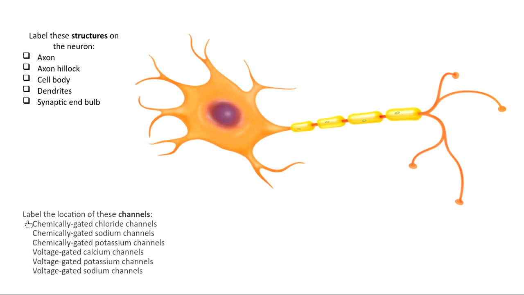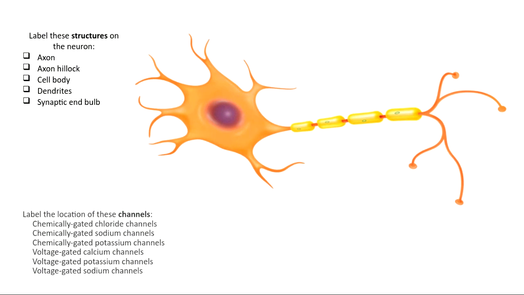When I talk about chemically gated channels, what opens them up is chemicals. So we are looking for the places on my neurons where my neuron would be receiving chemicals. Which part of my neuron receives messages or receives chemicals?